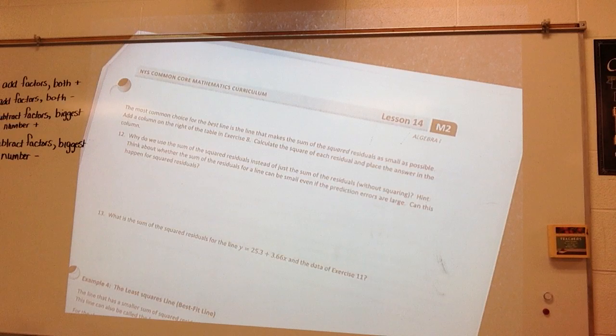Why do we use the sum of the squared residuals instead of just the sum of the residuals without squaring? It says, hint, think about whether the sum of the residuals of a line can be small even if the prediction errors are large. Can this happen for squared residuals? Well, if I just add up all the residuals, positive and negative residuals can affect one another. And you get a small sum even if some of the residuals are big.